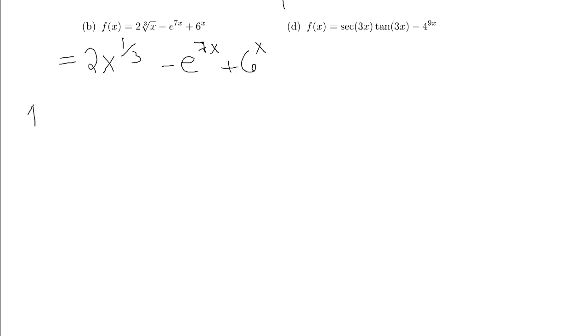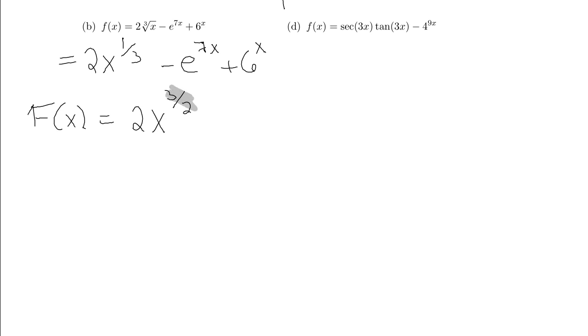So capital F of x, finding our antiderivative now, we can do it term by term, piece by piece. So the antiderivative for our first term, this 2x to the 1/3, we can use our power rule. And our power rule tells us we increase the exponent by 1, so, oops, that's wrong.